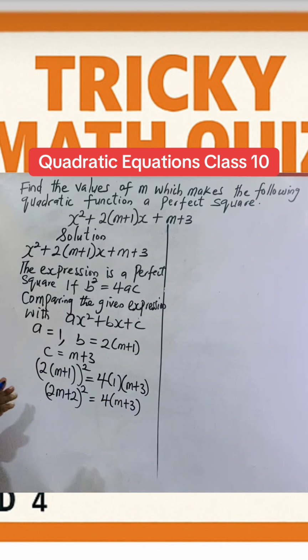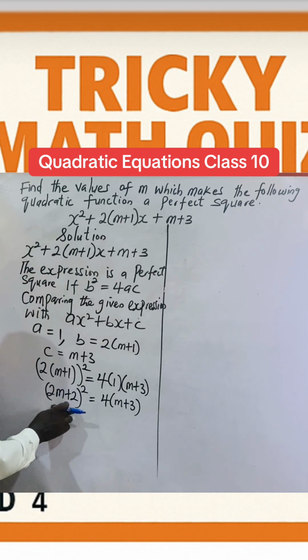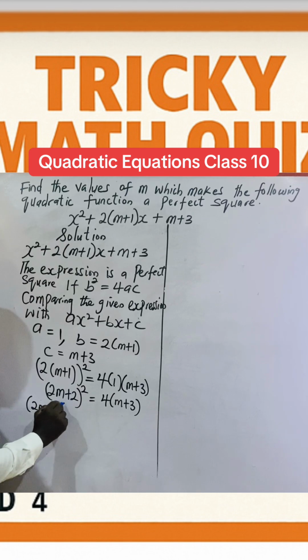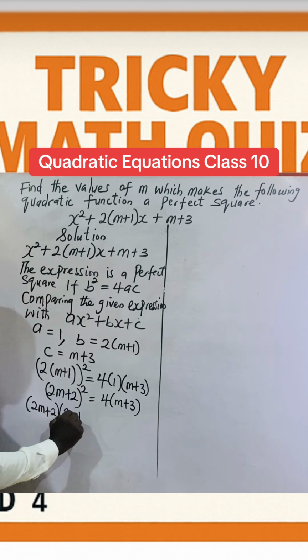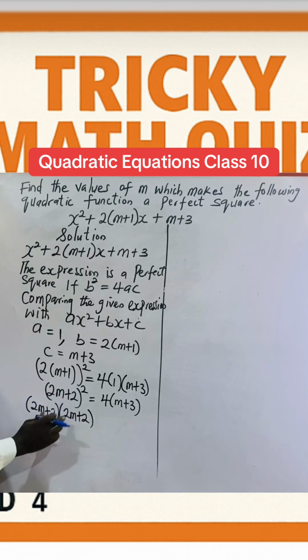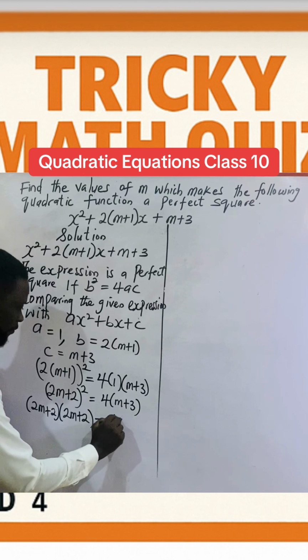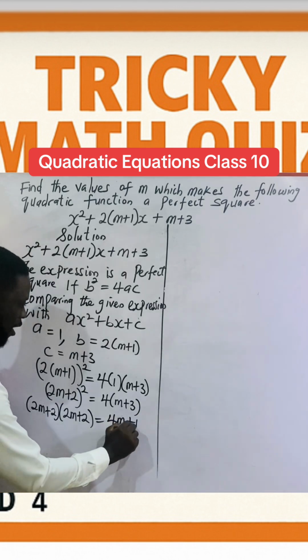All right, so we'll go step by step. The next thing is to expand this place and expand here. So in expanding this place, we have 2m plus 2 bracket 2m plus 2, right? Then here, let's just open up this one: 4 times m, 4m, and 4 times 3 we'll have 12.